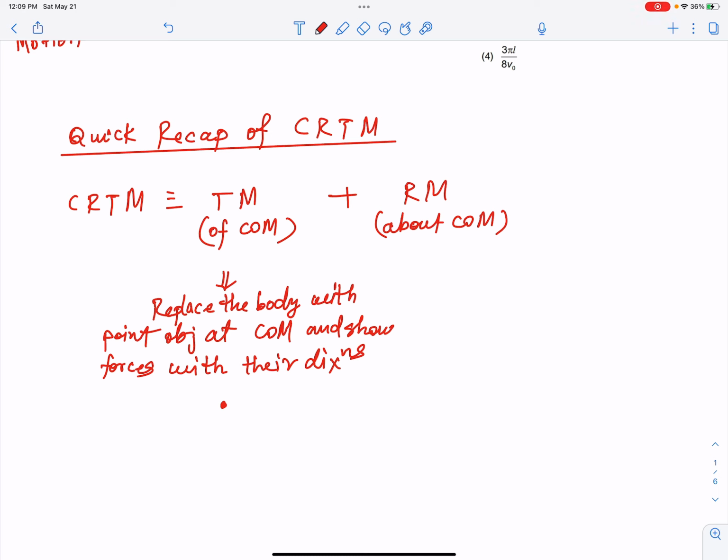And for rotational motion, you can fix the body about an axis passing through the center of mass, right?